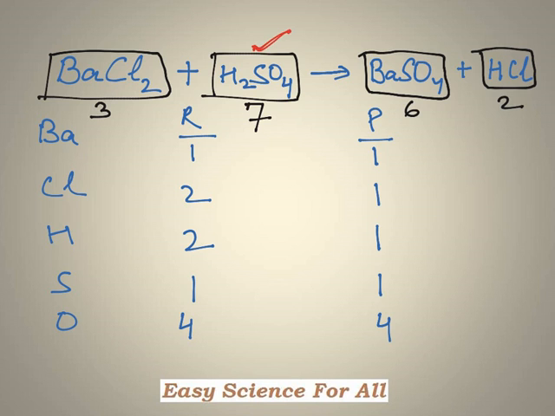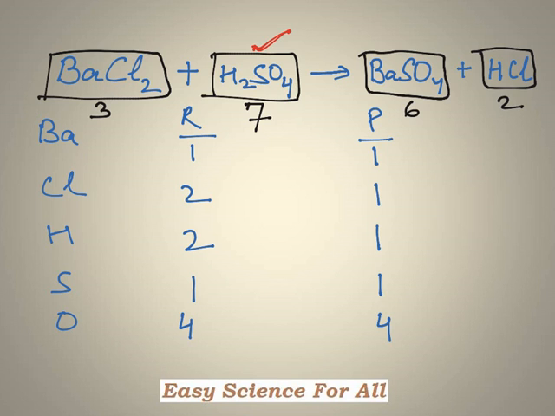So we will choose this box because it is having maximum number of atoms. However, if there have been a situation in which two or more boxes have same number of atoms, then we can choose any one of them.